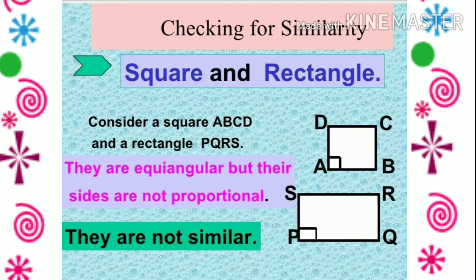To prove that two figures are similar, the corresponding angles must be equal and the sides must be in the same proportion. Here all the angles are 90 degrees, but their sides are not proportional. So square and rectangle are not similar.